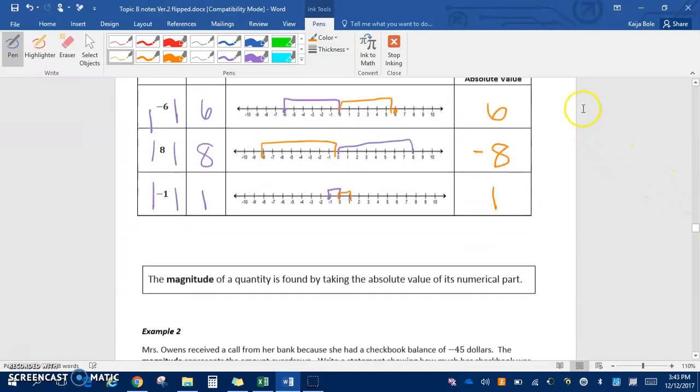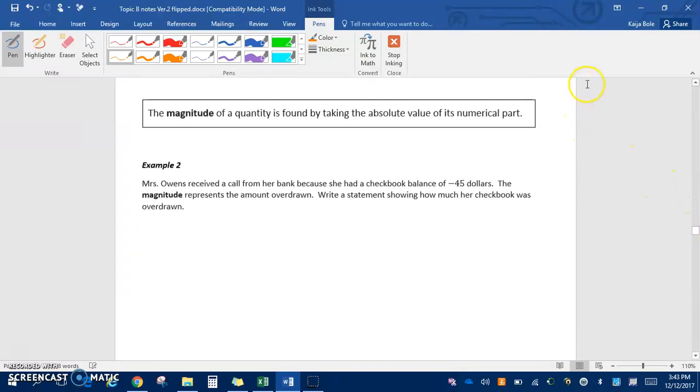Now we're going to look at what is called magnitude. The magnitude of a quantity is found by taking the absolute value of its numerical part. So whenever you see the word magnitude, you're thinking absolute value. Example 2 says Mrs. Owens received a call from her bank because she had a checkbook balance of negative $45.